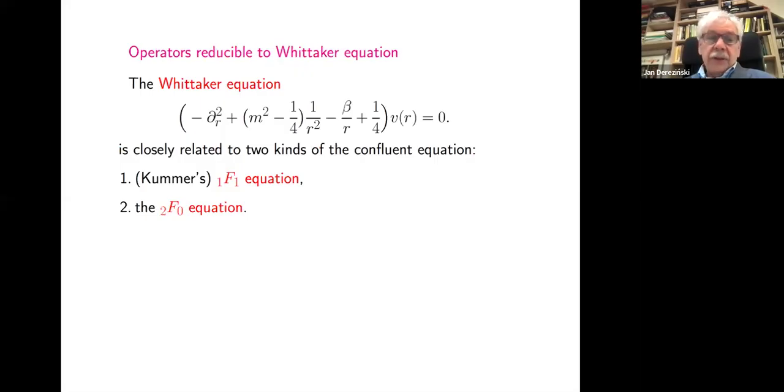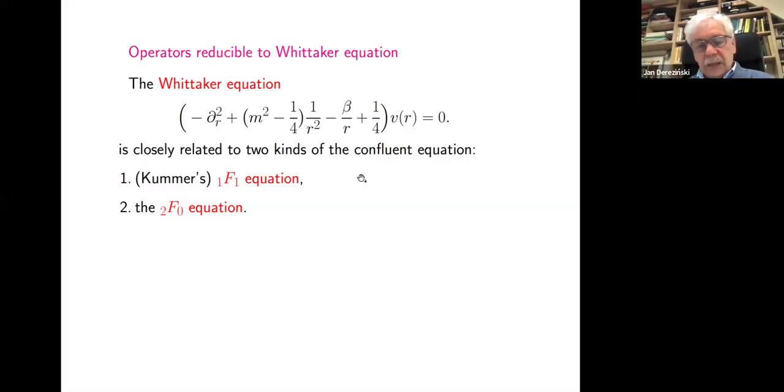Now, the Whittaker equation. I'm sorry, I have to give a crash course on the Whittaker equation. It is written on the slide. It is essentially the eigenvalue equation for the radial Coulomb problem, and it is closely related to the confluent equation.